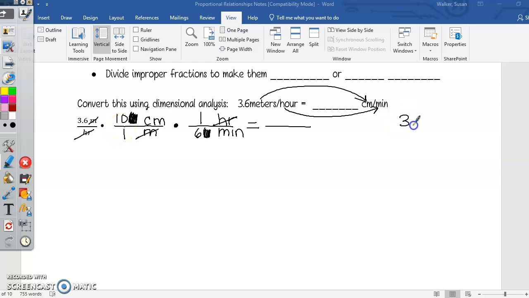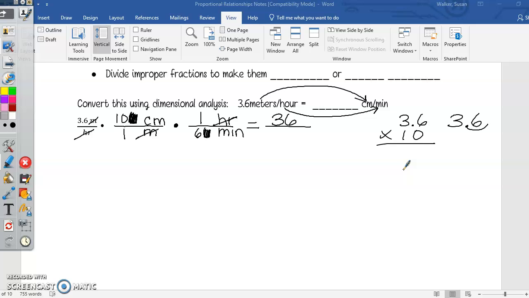Now, if you want to multiply it out, you're welcome to do that. Okay, but when you multiply by 10, basically you're just moving that decimal 1 time. So on top, I should have 36. Okay, if you don't believe me, pause the video and multiply this out because you're going to end up moving that decimal 1 time.